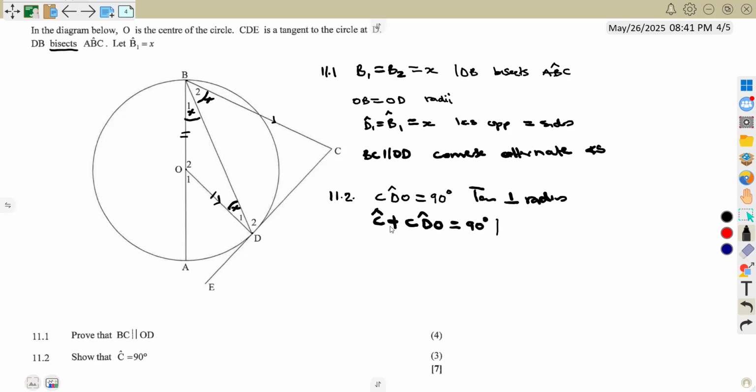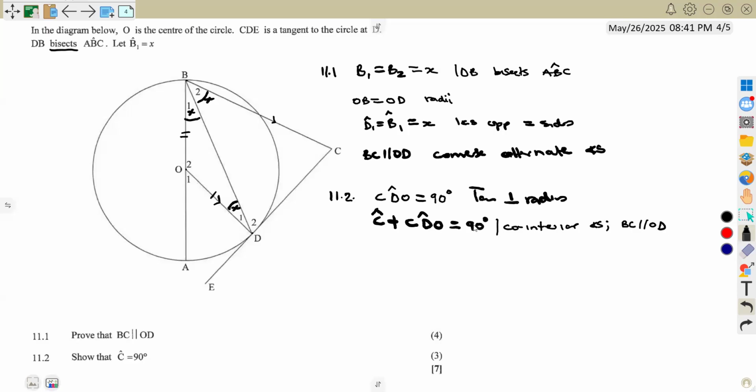These are co-interior angles, and you have proven that BC is parallel to OD.